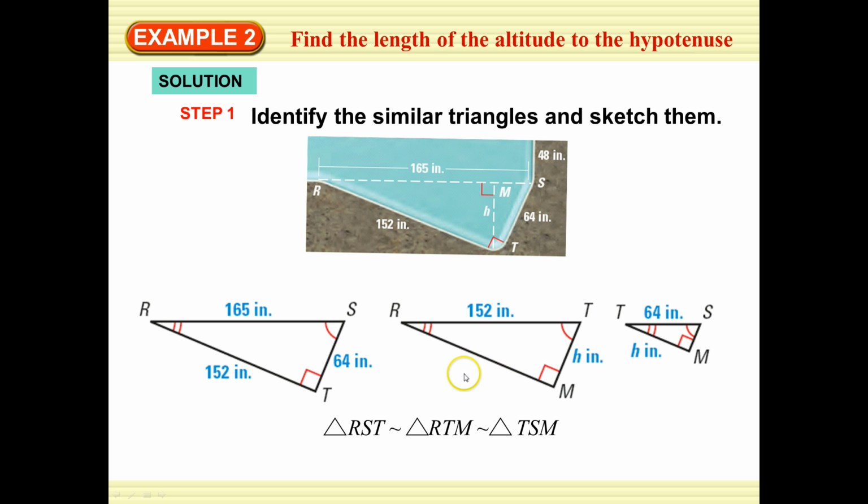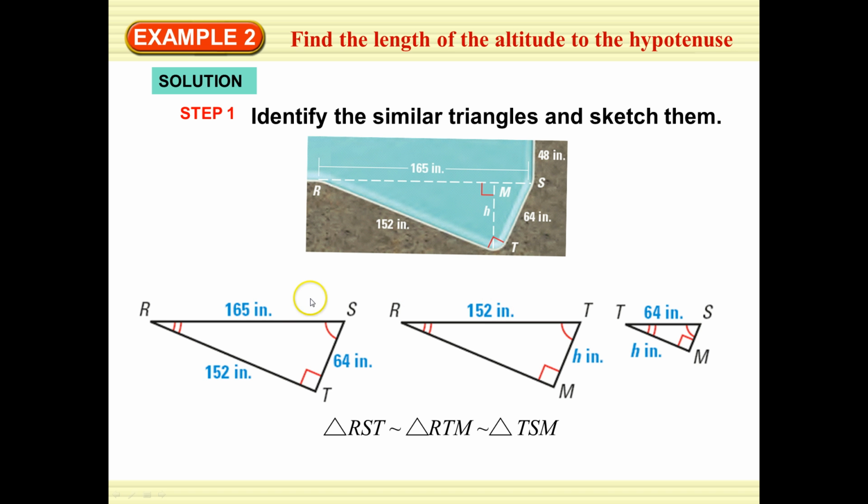So I look for maybe this leg, which I know nothing about, so that's no good to me. So I got to go with this hypotenuse. And it just so happens that this hypotenuse is also labeled over here on this triangle. Now I didn't go over here because this doesn't help me because that side isn't labeled for me. So I got to use 152 to 165 and H to 64.